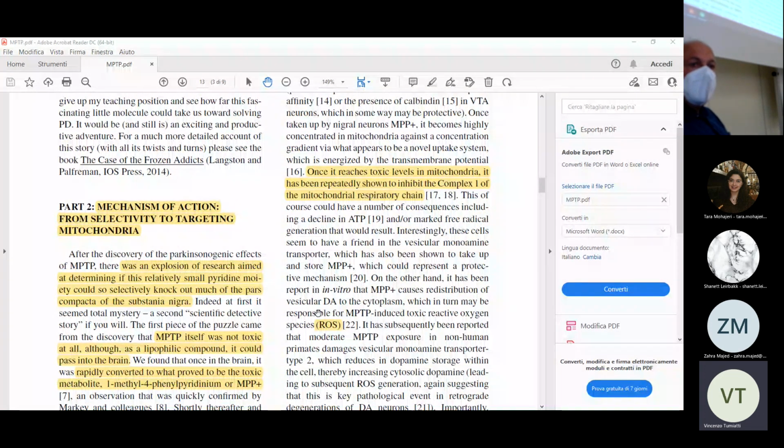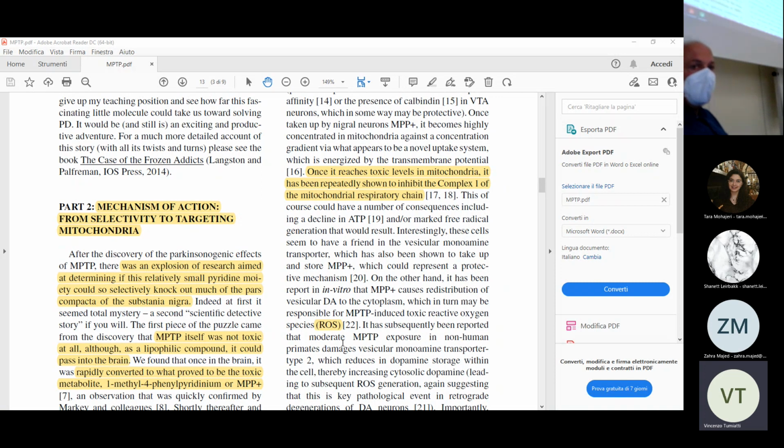Something about the mechanism. In particular, they found that this compound is able to trigger the formation of a high number of ROS, of radical species, inside the dopamine neurons. This fact represents the starting point of the modern investigation on neurodegenerative diseases, such as Parkinson's, but also Alzheimer's disease.